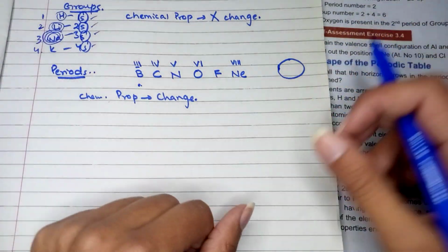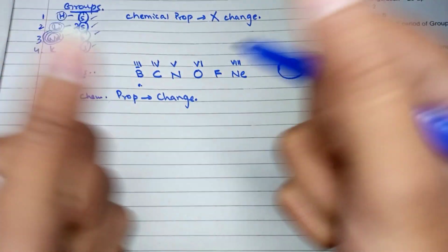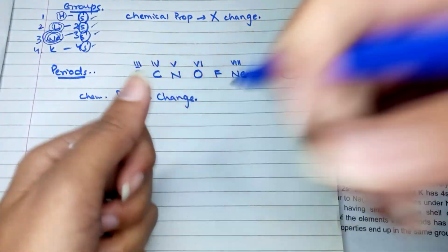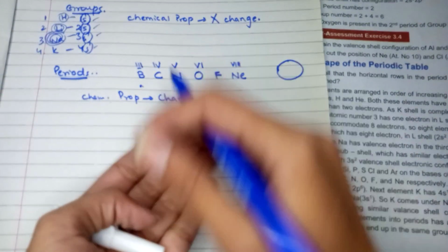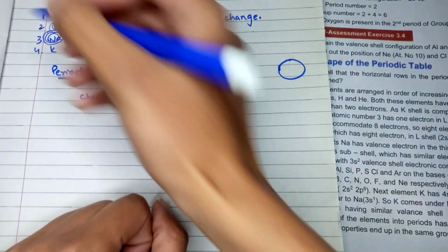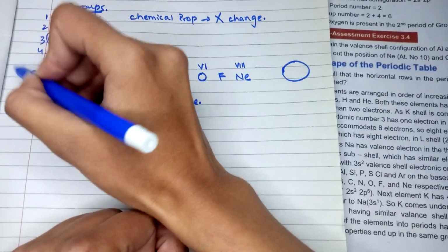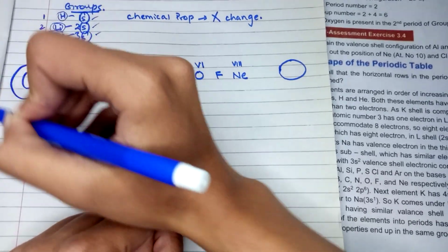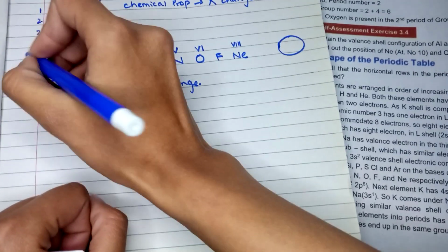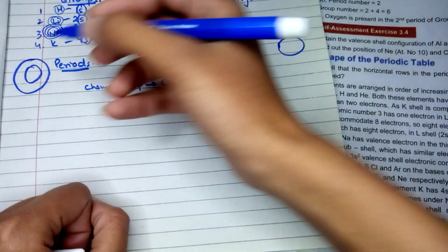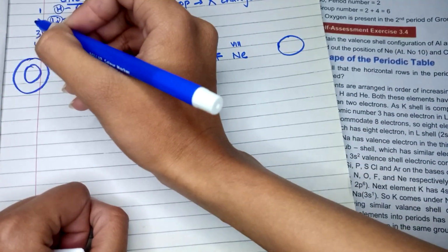The more electrons there are, the more repulsion there is, and the nucleus has less attraction for the outermost shell. Let me illustrate. For example, if this is the first shell, in the first period the element would have one outermost shell.